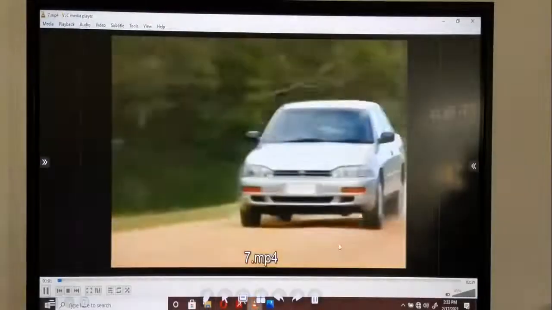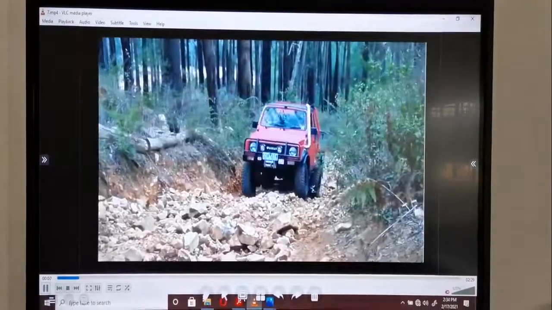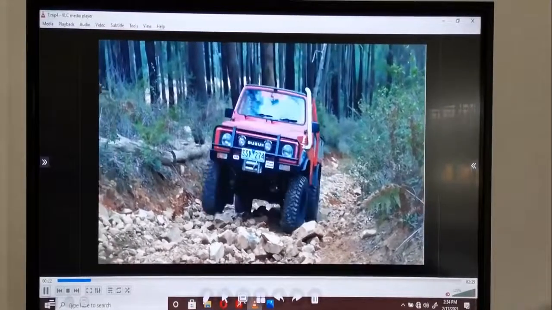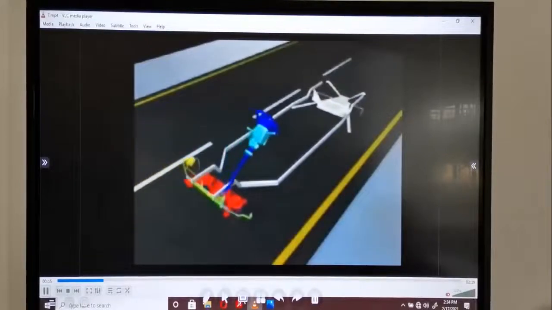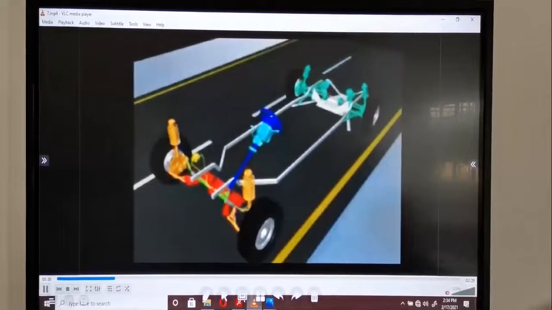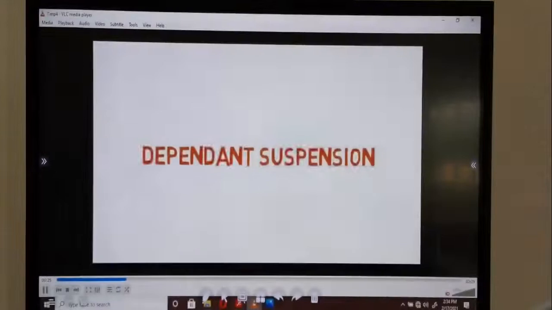you see a video about the suspension system. So this is the off-road vehicle. Now you can see how important the suspension system is. There are two types of suspension system.